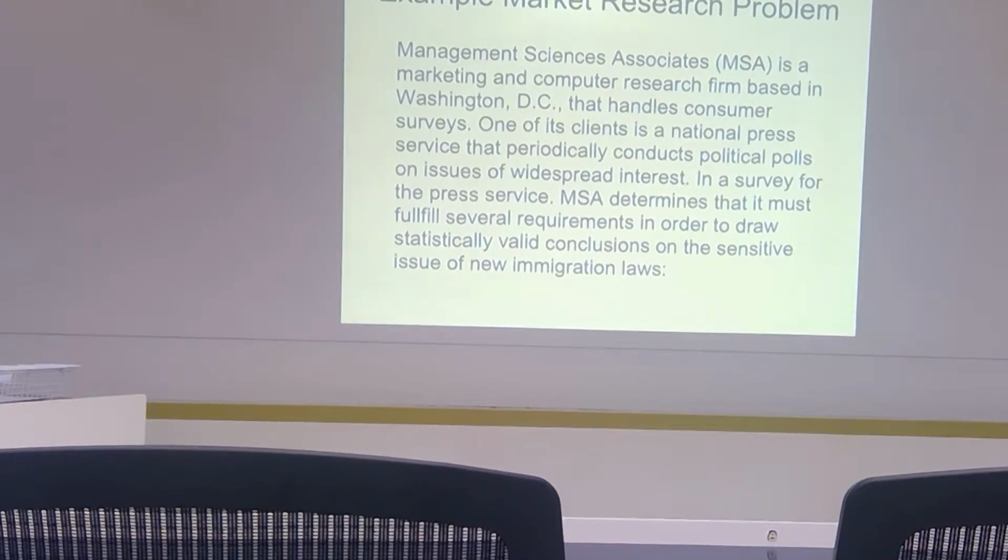This is a marketing and computer research firm based in Washington DC that handles consumer surveys. One of its clients is a national press service that conducts political polls on issues of widespread interest. And in a survey for the press service, MSA determined that it must fulfill several requirements in order to draw a statistically valid conclusion on the sensitive issue of the new American law.